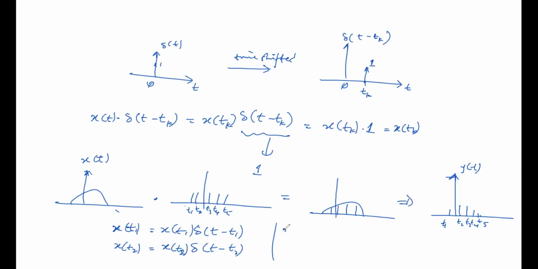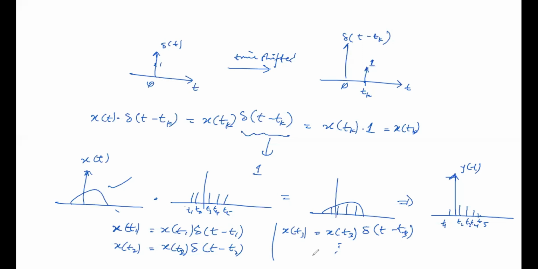Then also S of t sub 3 will be S of t sub 3 times the time shifted version of the impulse response at time t3, on and on. Since the signal S of t could be disintegrated into a set of impulses, you now see this signal has been disintegrated into a set of impulses, which are S of t sub 1, S of t sub 2, S of t sub 3 to S of t sub 5 in this case.